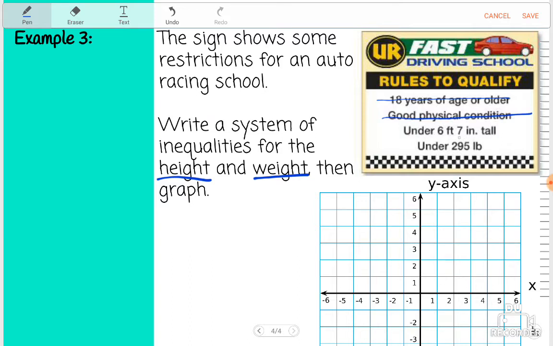Under 6'7" tall. So that's going to be height, right? And under, I'm thinking means less than. Your height has to be less than that. Again, under 295 pounds, that's going to be weight. So there's weight, there's height. Let's make those equations.